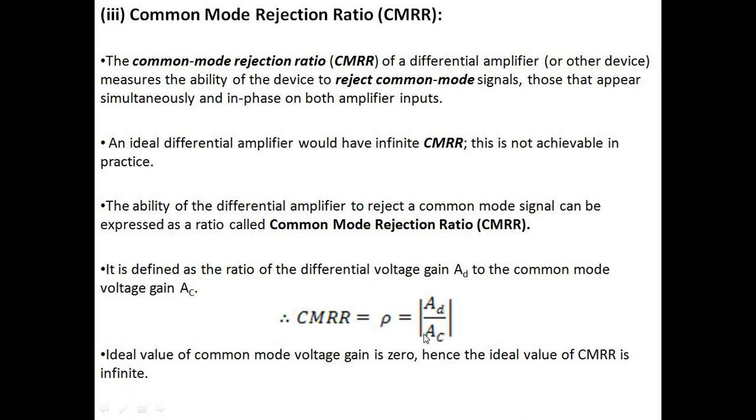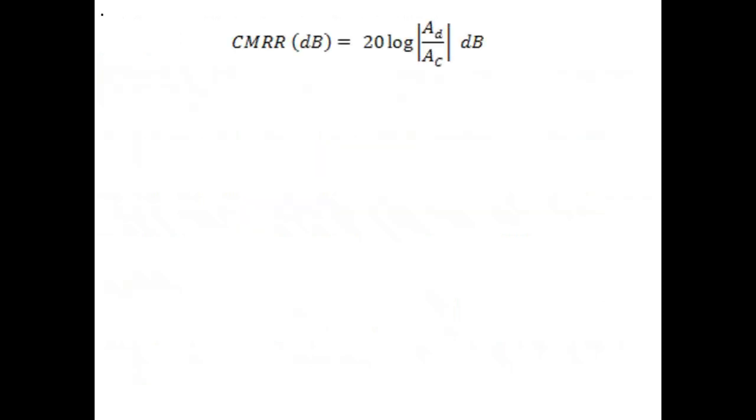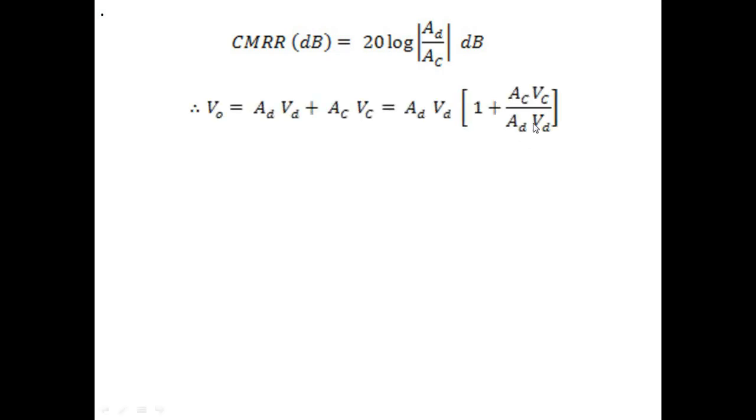If you consider the common mode gain approximately equal to 0, CMRR comes out as infinity. That is the ideal value of CMRR. Now, you represent that CMRR in dB as 20 log of AD by AC. This is CMRR represented in terms of decibels.